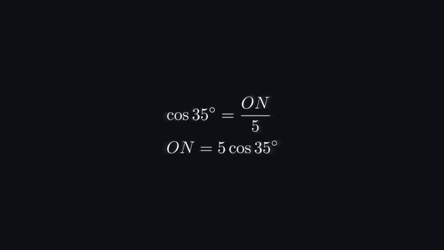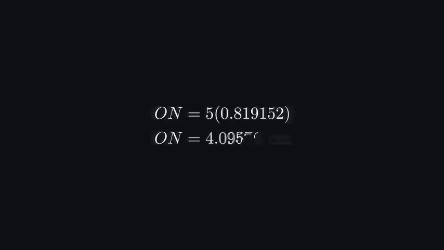ON equals 5 cos 35 degrees, which equals 5 times 0.819152. So ON equals 4.09576 centimeters.